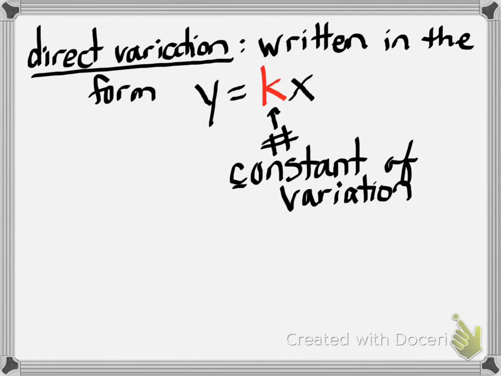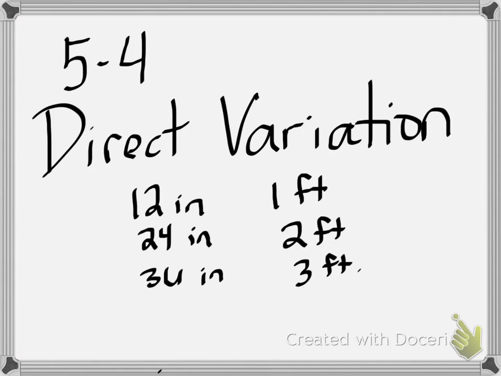So y equals kx. If we go back to our example when I said inches varies directly with feet, if feet is y and inches is x, to get y, I would multiply inches, whatever it is, by 1/12, or divide by 12.